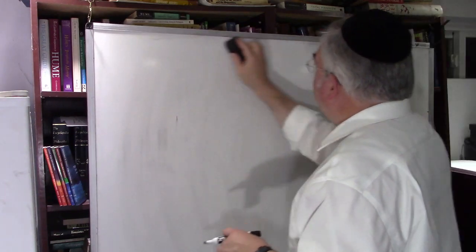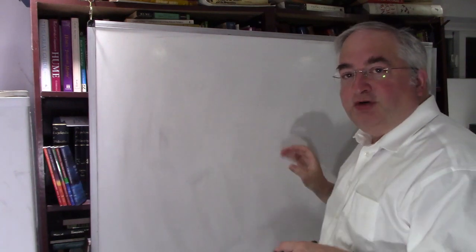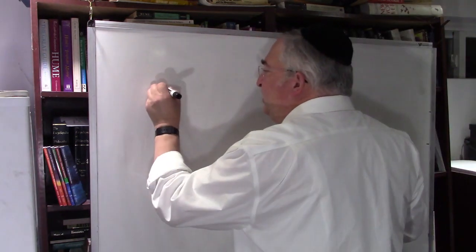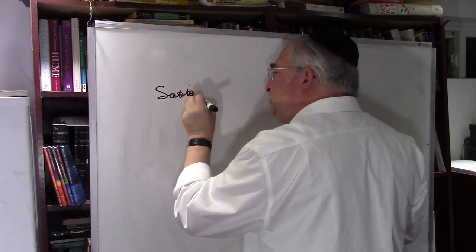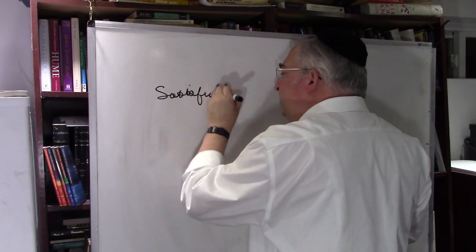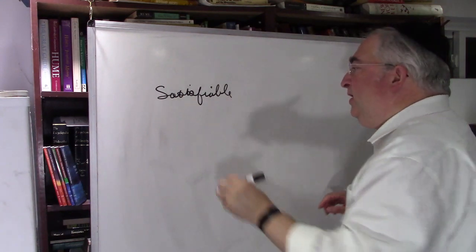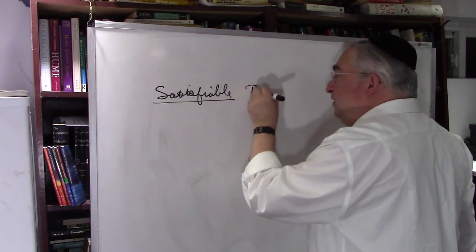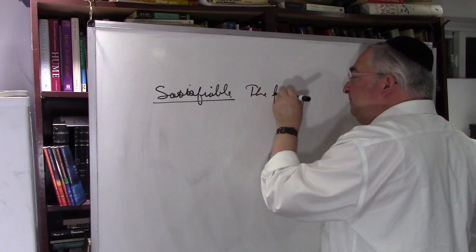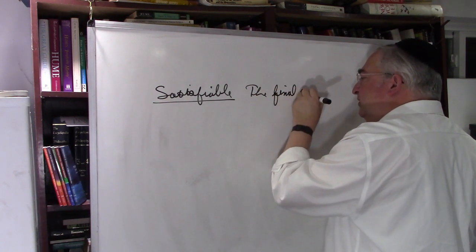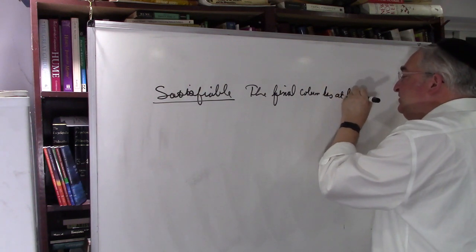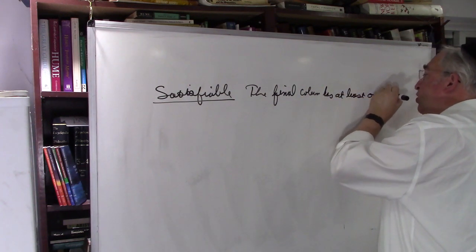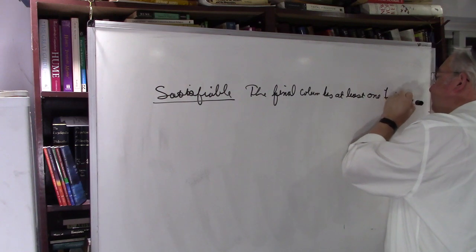Few more topics. Okay, there are 3 types of logical formulas. One is called satisfiable. What that means is the final column has at least one 1 in it.